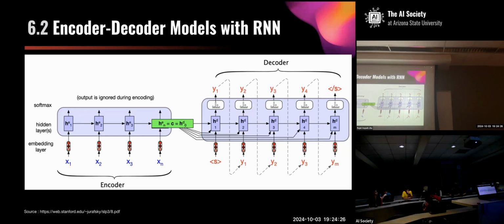Since you don't want to convert it at this time step, you don't need to have a classifier here. So the nth hidden state will contain the information of the whole sequence of input. Now this information will be passed to the decoder, and then it will start generating the output one by one.